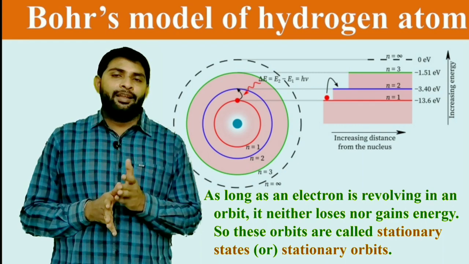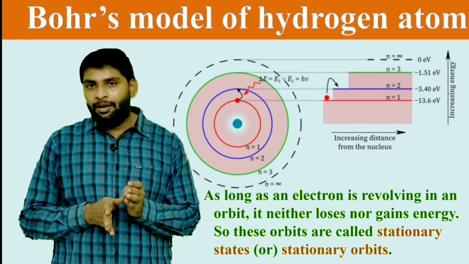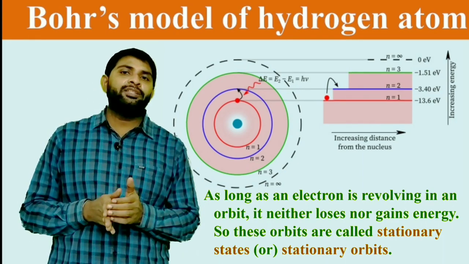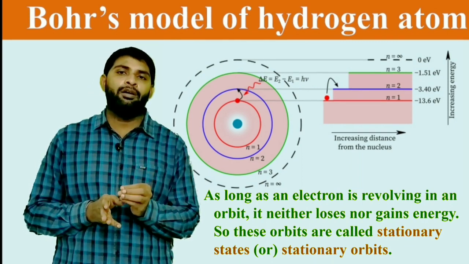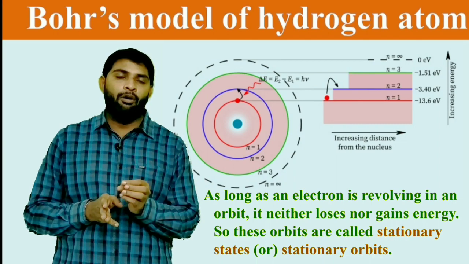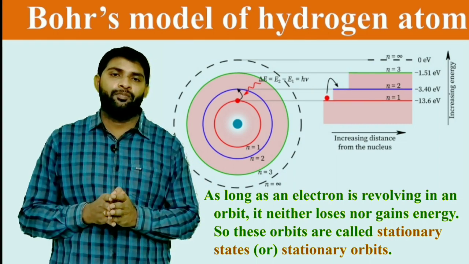As long as an electron is revolving in an orbit, it neither loses nor gains energy. So these orbits are called stationary orbits or stationary states.